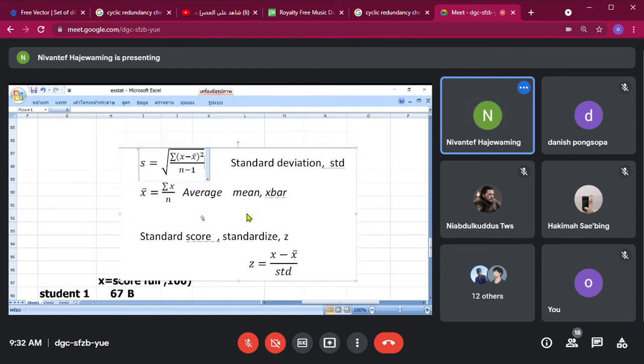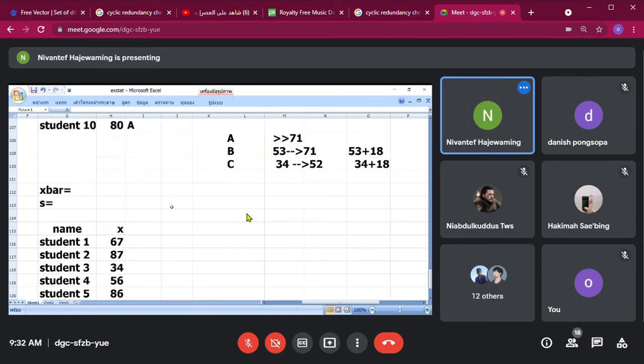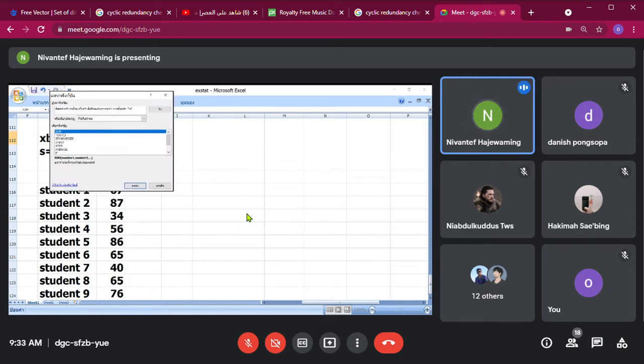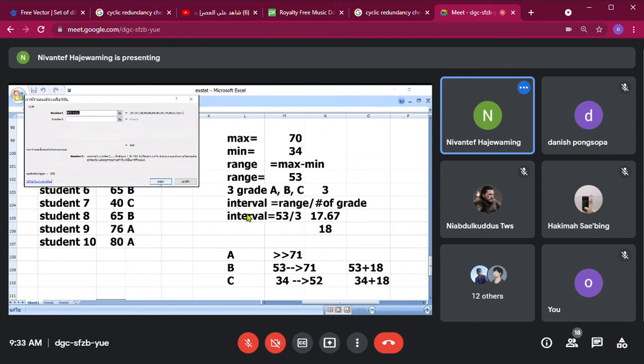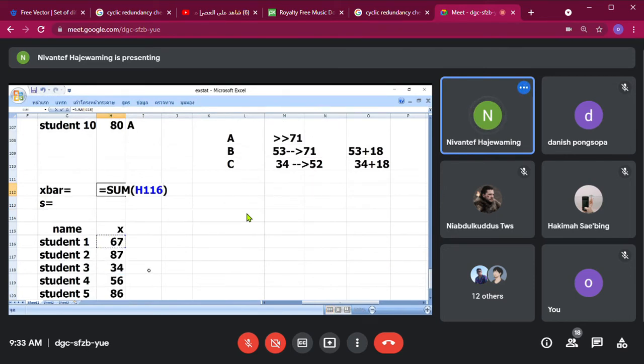X bar equals the sum of X divided by N, right? Sum of X by N means the sum of these numbers together. And we sum it, right? We sum from here, the first student.